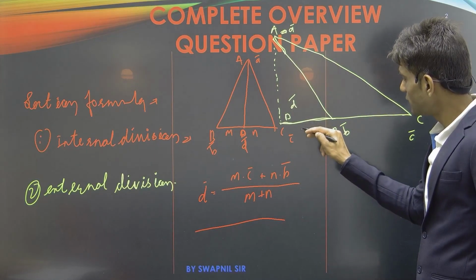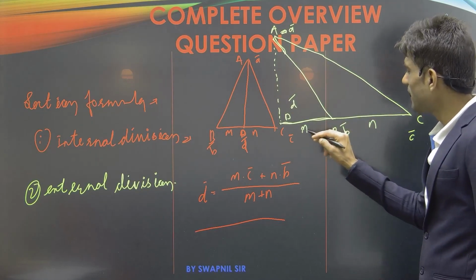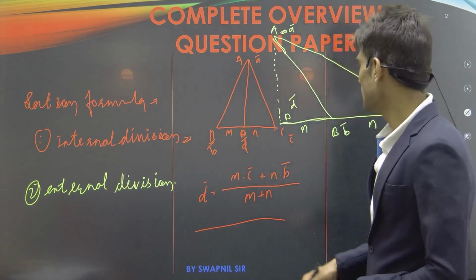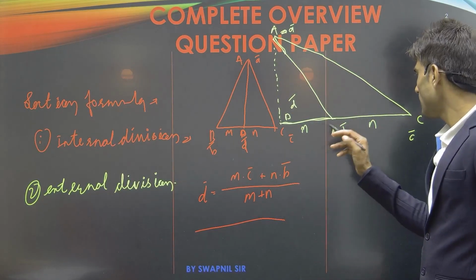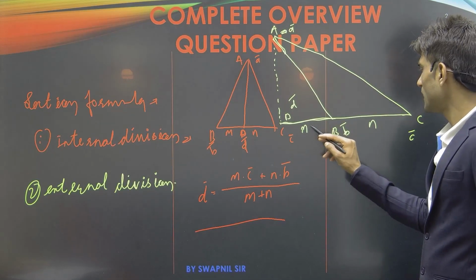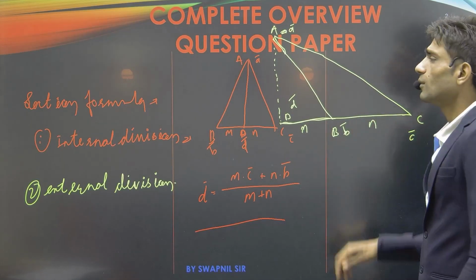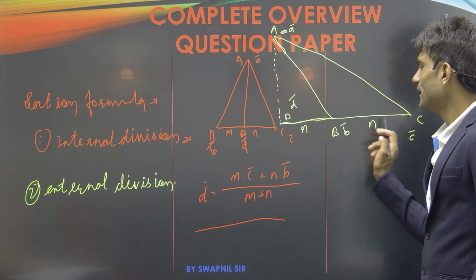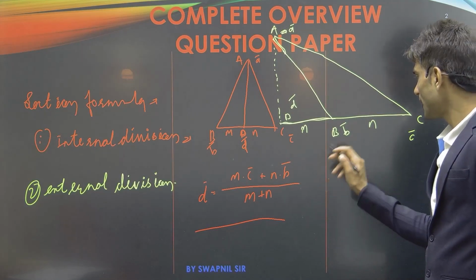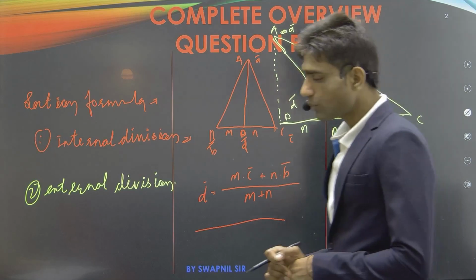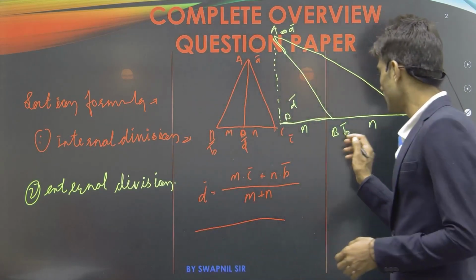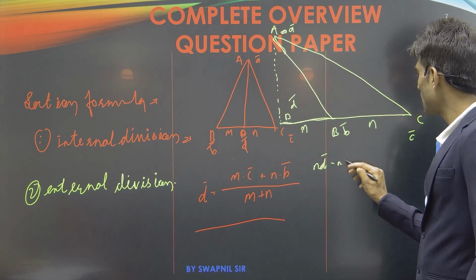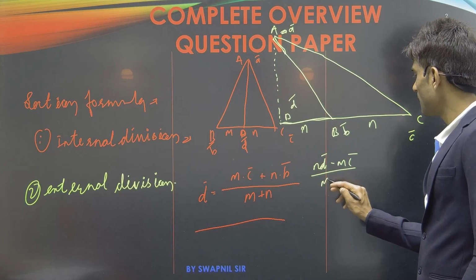Consider this ratio as m is to n, where m and n are both scalars taken from the real numbers. Then m times the position vector C bar minus n times position vector D bar, divided by m minus n, we can write as the position vector for external division: n into D bar minus m into C bar divided by n minus m.